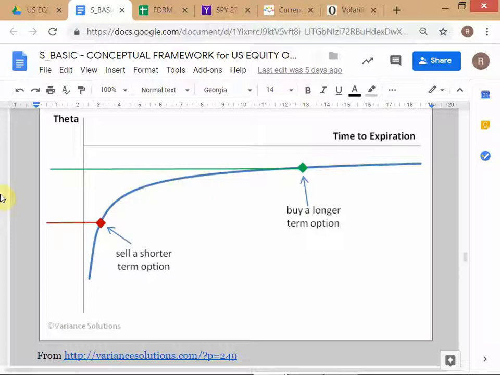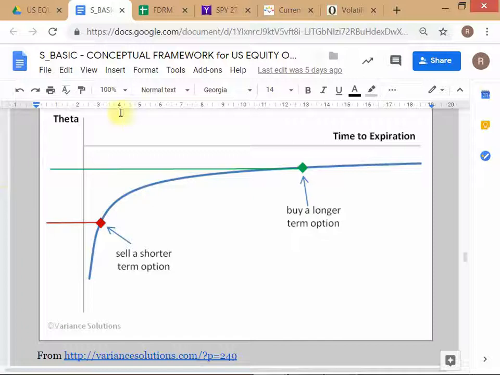Long option positions have negative theta, and if it's a shorter dated option, it will have very high negative theta. That means the loss of value per day will be very high. That's why when you're going to be buying options, calls or puts, your strategy is to focus on longer expiry dates, where the theta damage is not going to be that much. Is this clear? Yes. This is clear to everyone?